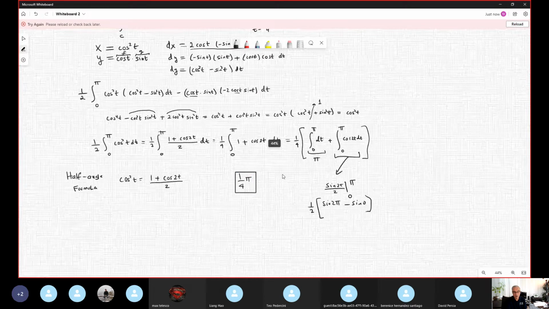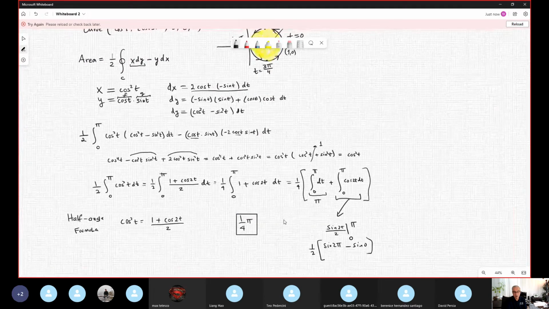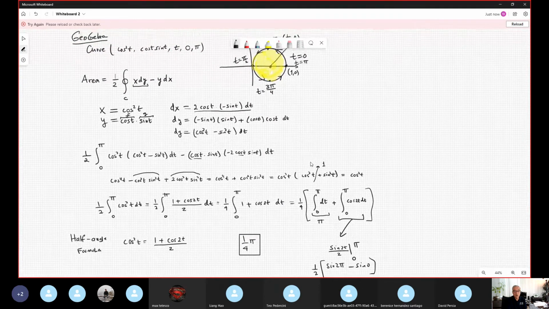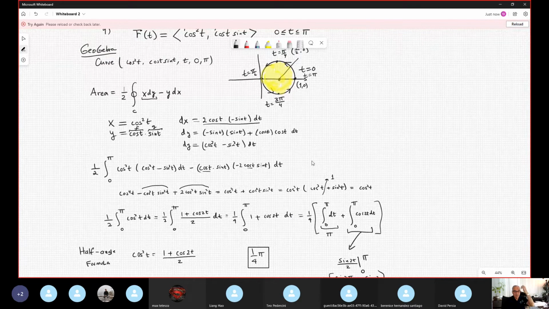This answer, according to the geometry, is elementary. You say, no, too complicated. But suppose that you don't know, or in the moment you are doing this problem, you don't apply algebra to see the shape of the curve. You don't know this is a circle. The radius is obvious, 1/2, no?